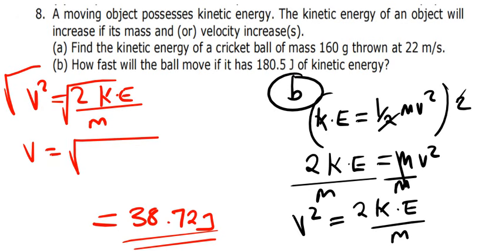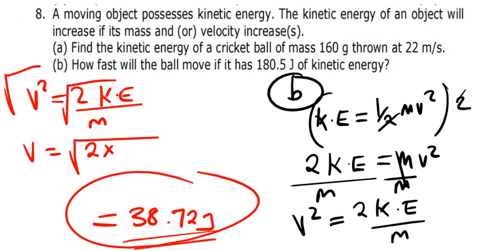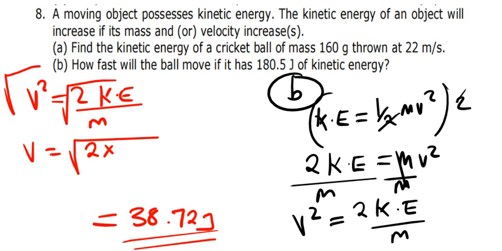Now we have 2 multiplied by the kinetic energy. The kinetic energy we've been given, actually it's not the one that I presumed. This one is a different one. How fast will the ball move if it has this amount of kinetic energy?